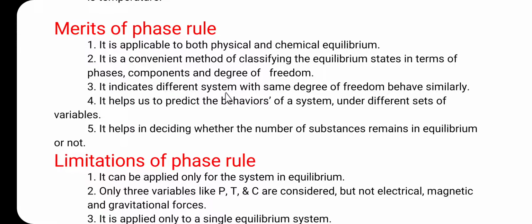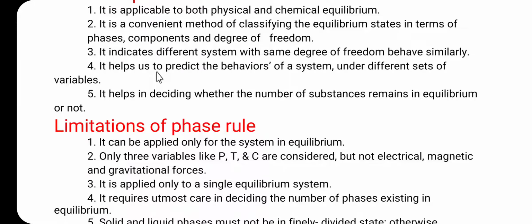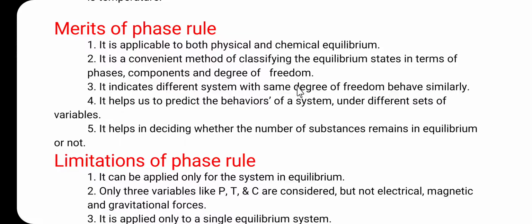It indicates that different systems with the same degree of freedom behave similarly. Then the fourth one is that it helps us to predict the behavior of a system under different sets of variables. And the last one is that it helps in deciding whether a number of substances remain in equilibrium or not. So these are the merits of the phase rule.